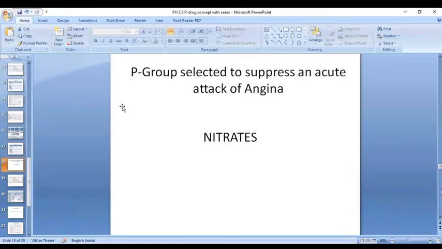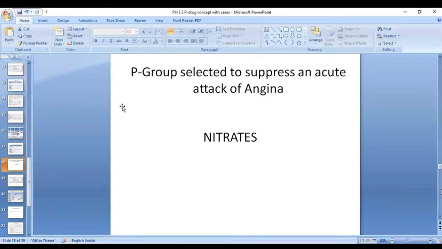And so we have arrived, with our knowledge of pharmacology and pharmacokinetics, at the P group that would be helpful in suppressing an acute attack of angina as early as possible: nitrate, because it is not only efficacious but suitable also. So suitability is important. For example, if you're dealing with a chronic condition, more than suitability, we want low cost, which becomes an important criterion.